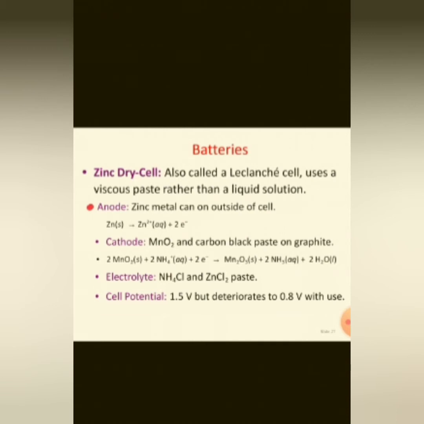Manganese dioxide reacts with ammonium ions by gaining 2 electrons to give manganese trioxide plus ammonia molecule. The important electrolytes are ammonium chloride and zinc chloride paste. The cell potential of the zinc dry cell is 1.5 volts, but deteriorates to 0.8 volts with use.